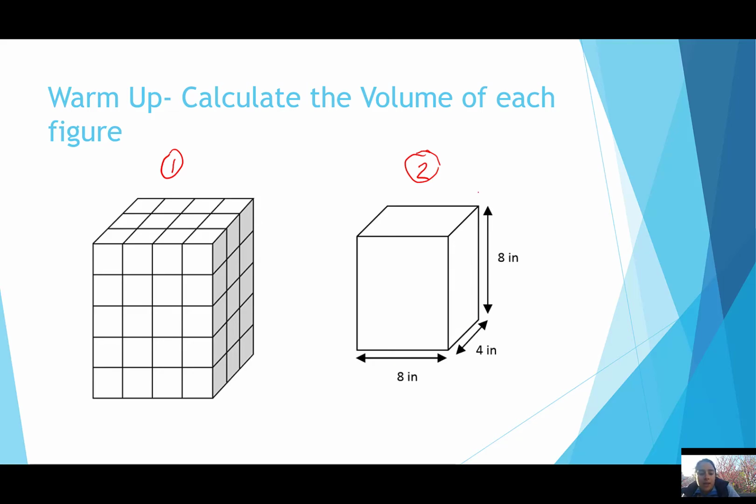So let's count out the length here. We have 1, 2, 3, 4. I have a width of 3, 1, 2, 3. And I have a height, I'm counting up, 1, 2, 3, 4, 5. I can multiply this together in any way I want. 4 times 3 times 5, and it doesn't matter the order.